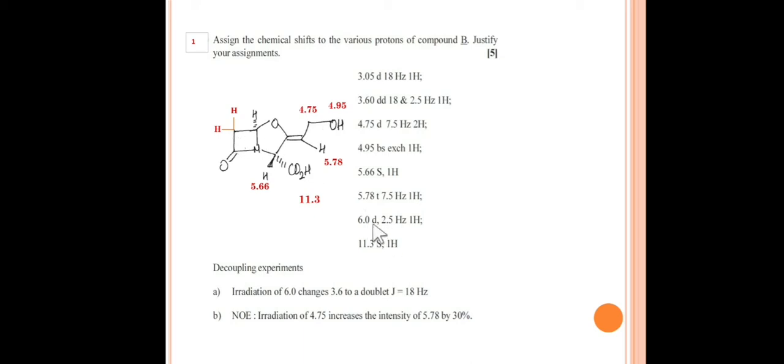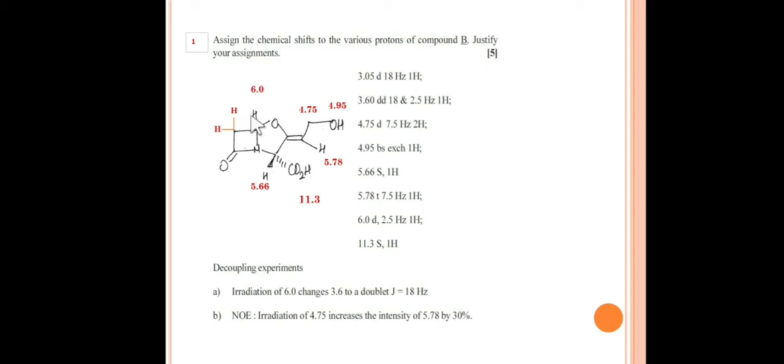This happens because the vicinal coupling totally depends on the dihedral angle, and if the dihedral angle is 90 degrees, there will be very little coupling, or the coupling constant is less than 1, so it will not show the coupling. The dihedral angle between this proton and one of these protons is 90 degrees. That's why it is not showing any coupling, so it is showing only a doublet. So this downfield proton showing a doublet will be at 6.0.